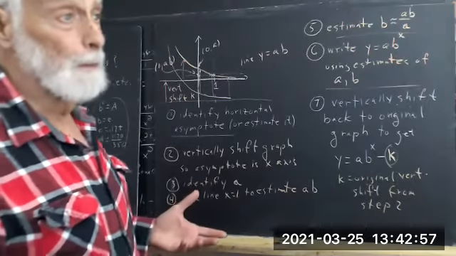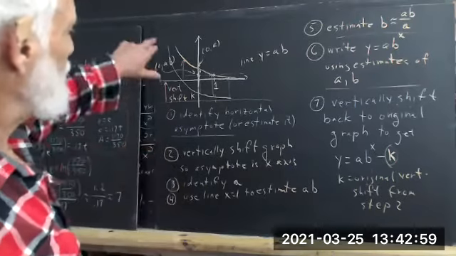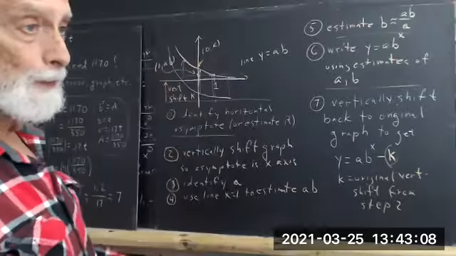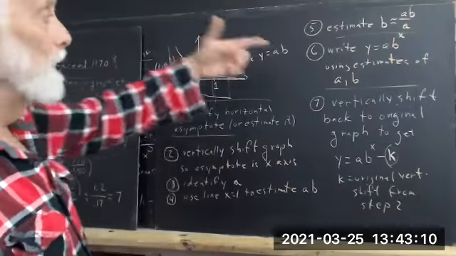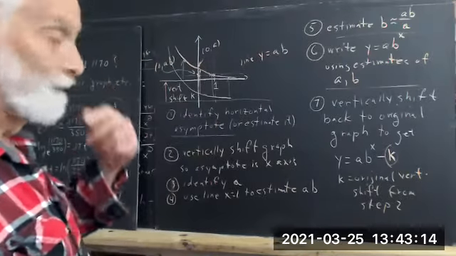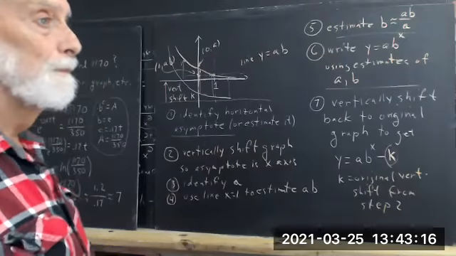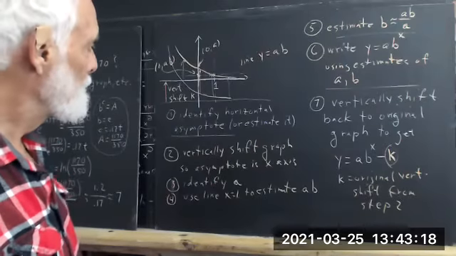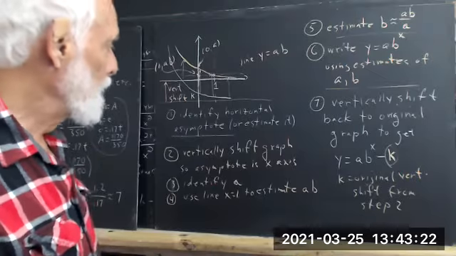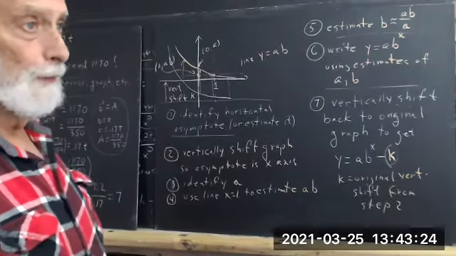So it's really fairly simple. You just take this graph, you move it up here, you make your estimates, you get your function, then you do a vertical shift and move it back down. Now, there's a little common sense involved here.